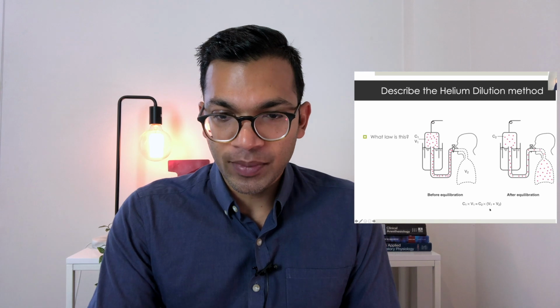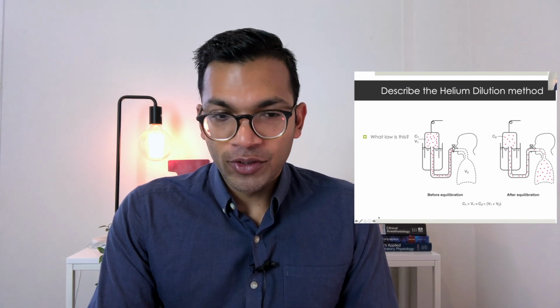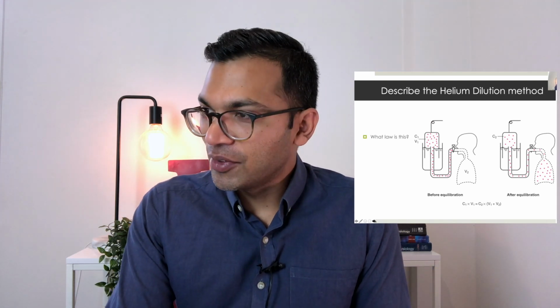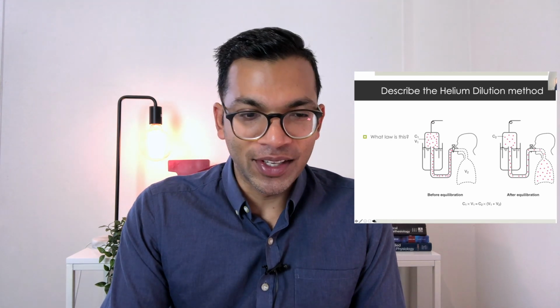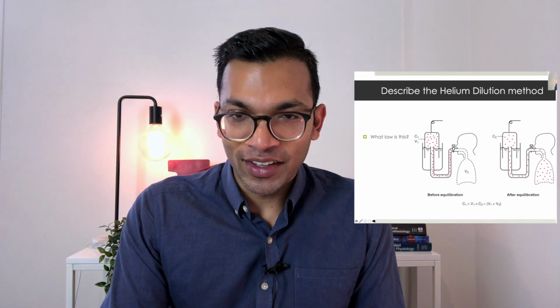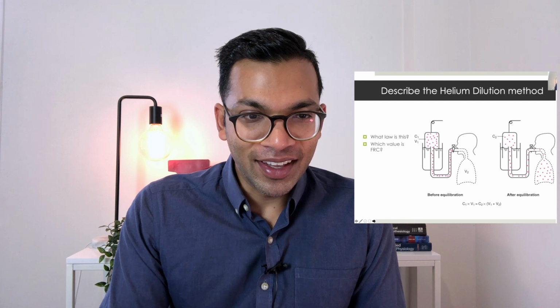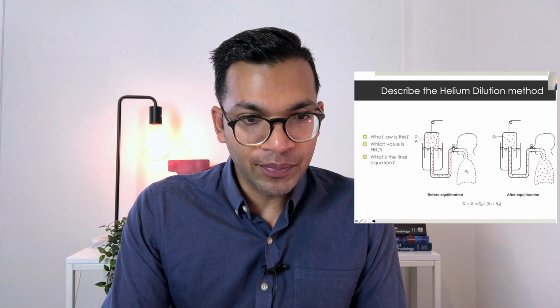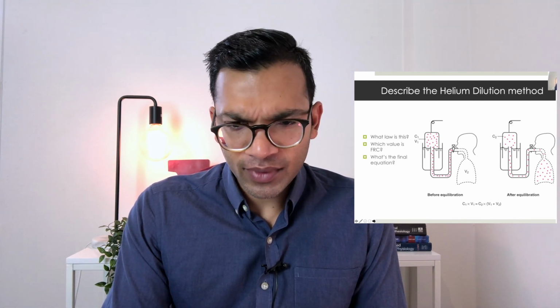So that's the FRC that's remaining. And yeah, then you mentioned the law as well. So yeah, that's a good explanation. And it would seem that this is the one you want to get if you want to explain either helium dilution or body pleth. So which value is FRC? You explained. What's the final equation?